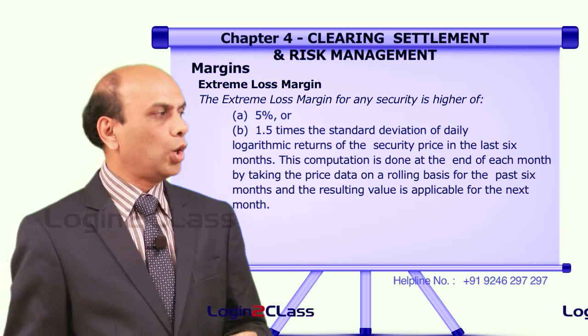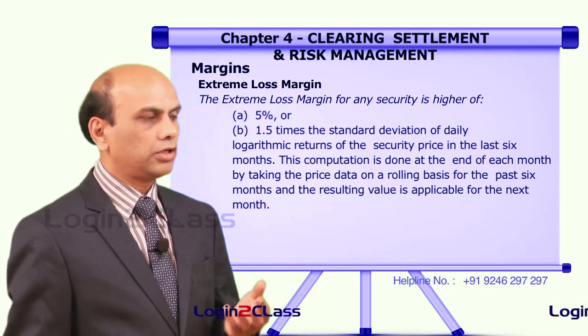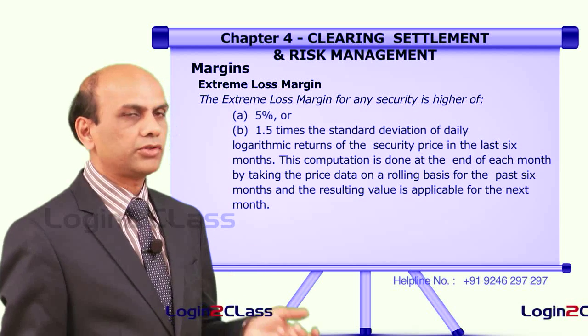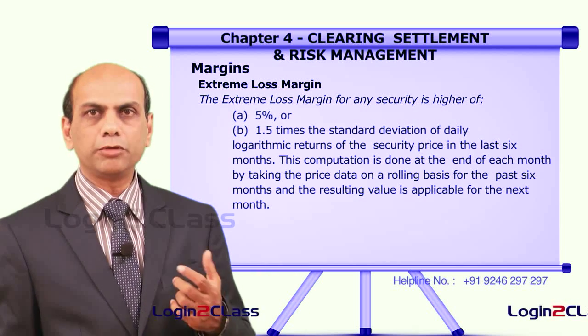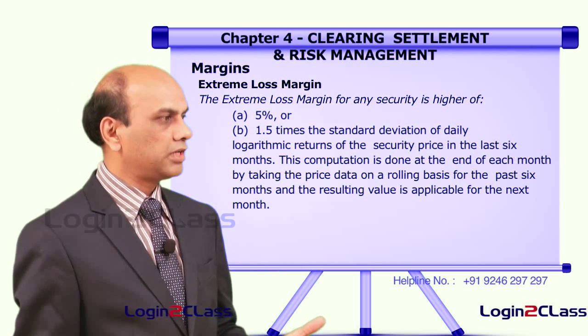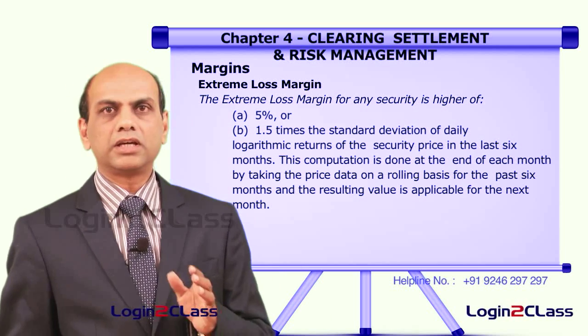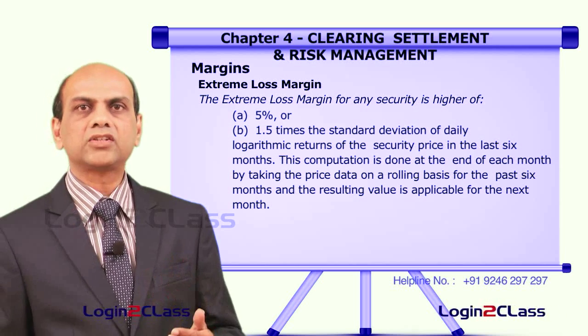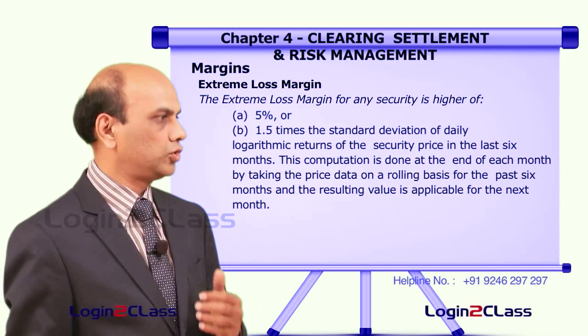So, we take 5%, or we take 1.5 times the standard deviation of the logarithmic returns of a security on the last 6 months transaction basis, and then we consider the higher one out of these two as the extreme loss margin.